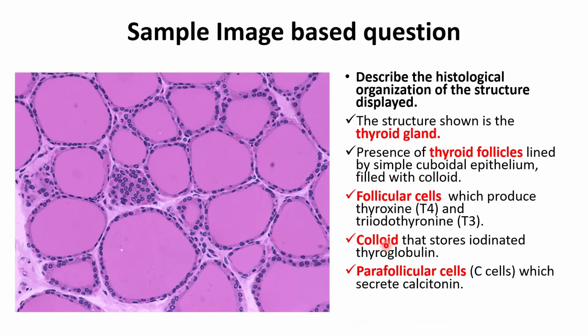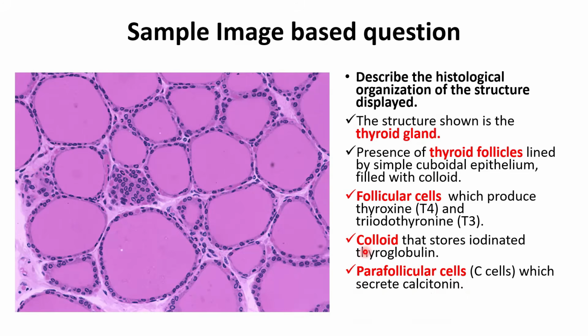And then we'll have these parafollicular cells here. They are also well seen here, and also here. These parafollicular cells, also known as C cells, secrete calcitonin, which is a hormone that regulates calcium levels in the body. So that is parafollicular cells secreting which hormone?